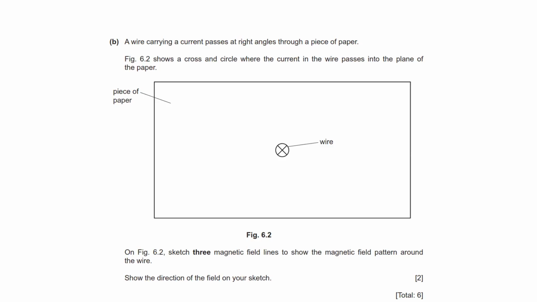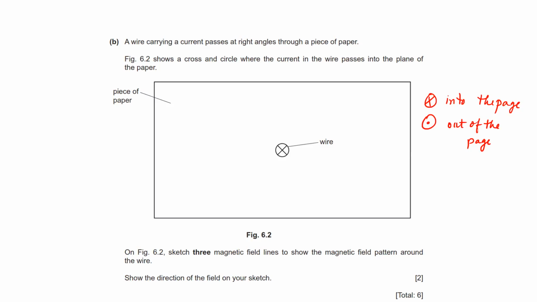So remember, this cross means into the page, and if there is a dot, it means out of the page. And for such a case, a current carrying conductor results in a magnetic field around it.